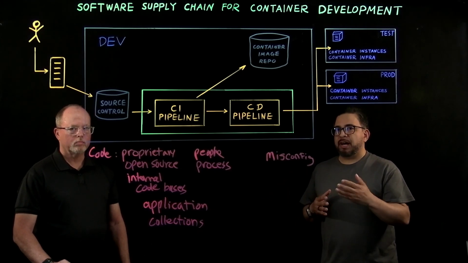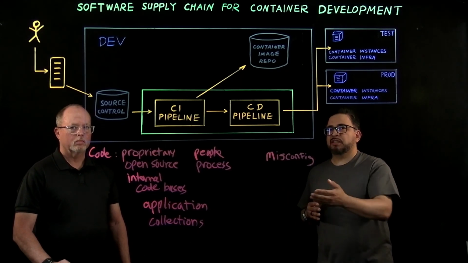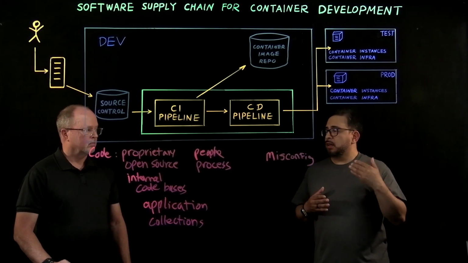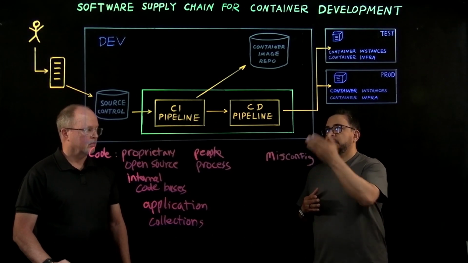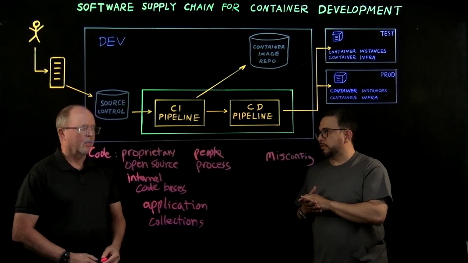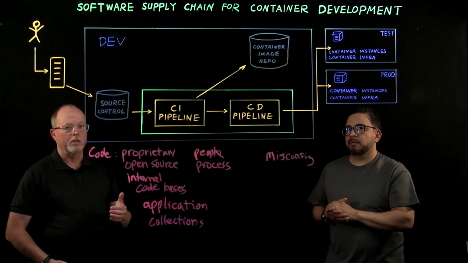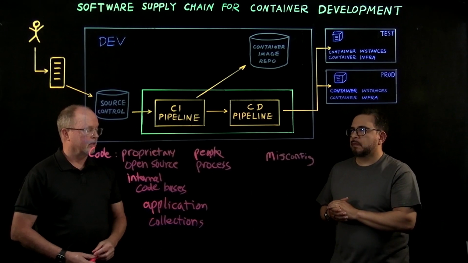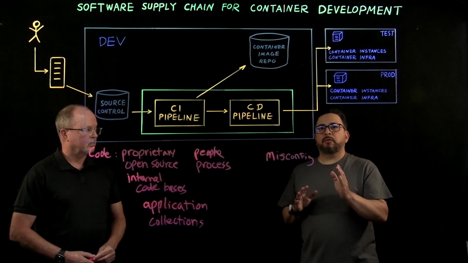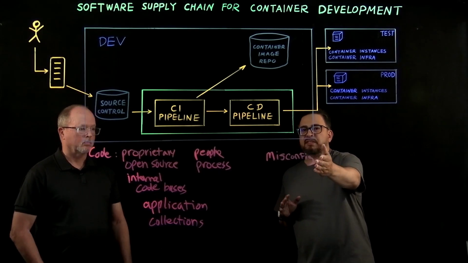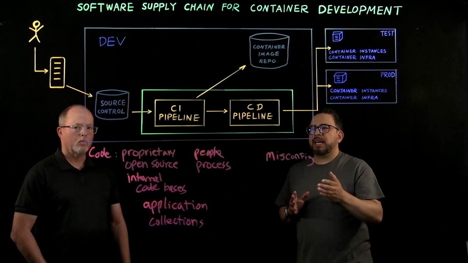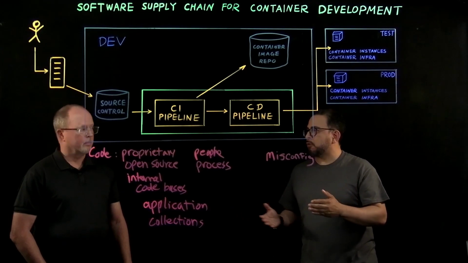Does Rancher Prime application collections address the introduction of unsigned software into your software supply chain for container development? Yes, it does. And it also assures that you're not pulling in known CVEs into your applications. So earlier we identified environment misconfigurations. Does SUSE have a solution to address that problem?